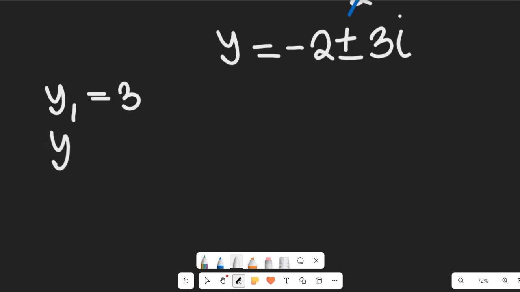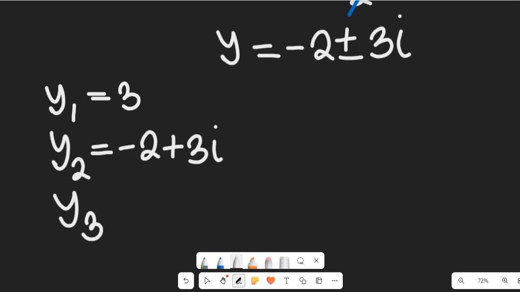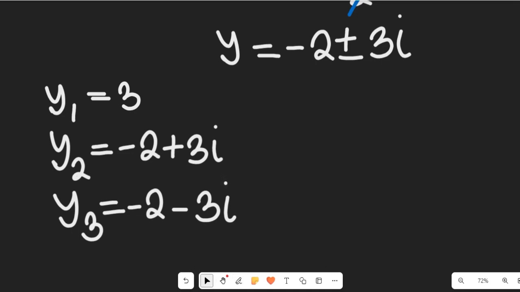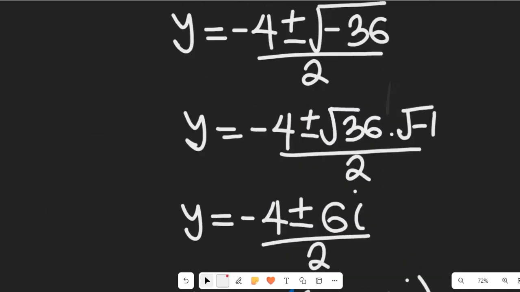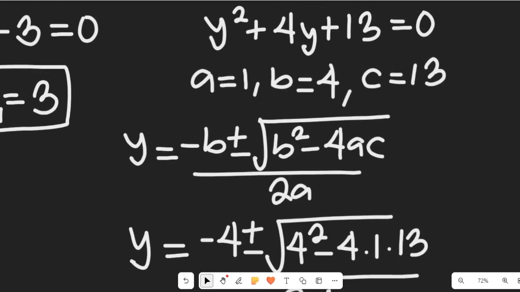Our y2 will be equal to negative 2 plus 3j, and then our y3 will be equal to negative 2 minus 3j.